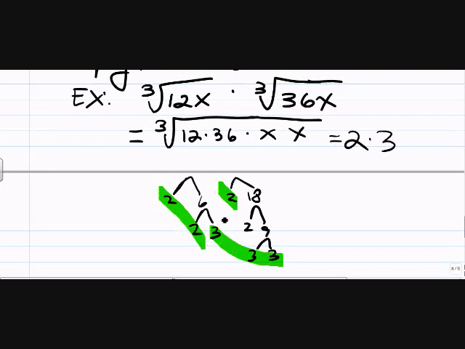And then there's the x's, there's only 2 of them, so I just got the cube root of x squared. So we'll call this 6 times 2. So that's 6 times the cube root of 2x squared. Okay.